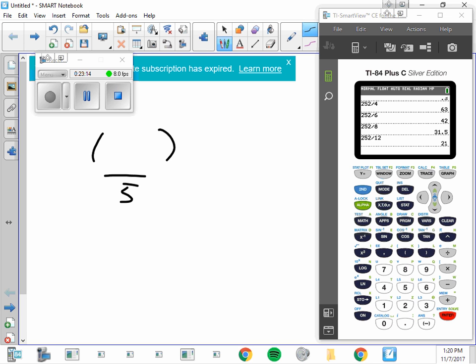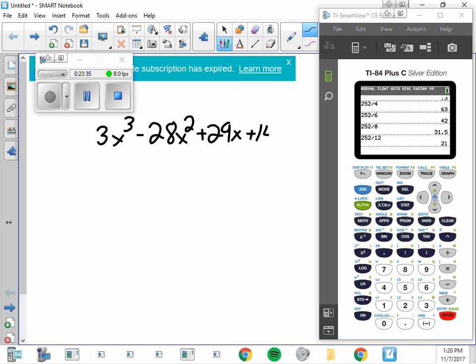Okay. The same thing is true with binomials. So if I had, let's say, 3x to the third minus 28x squared plus 29x plus 140, and I wanted to know, is x plus 7 one of the factors?